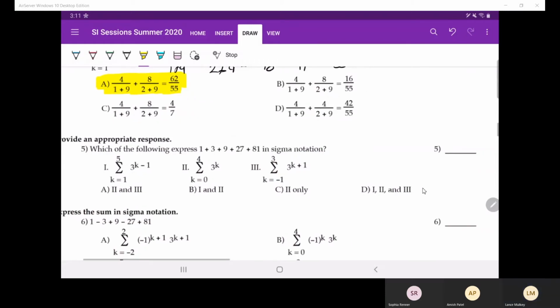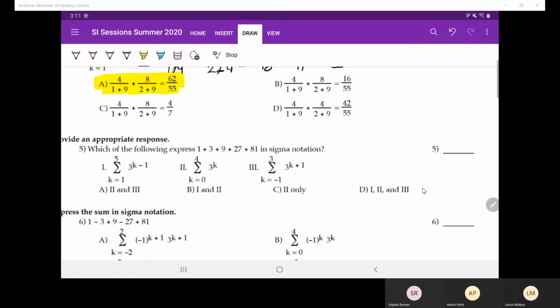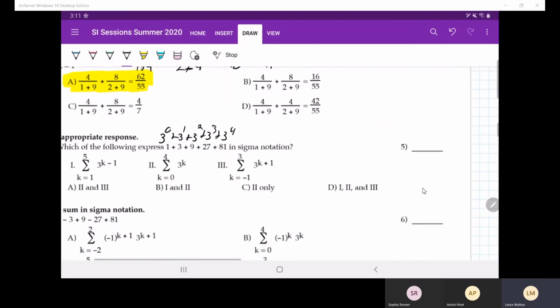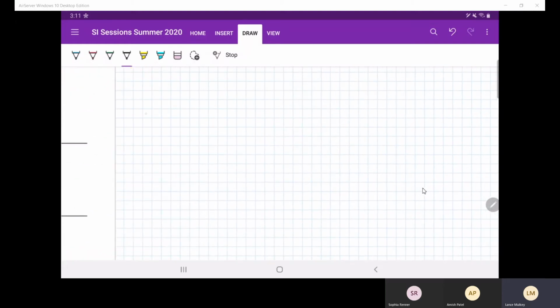Okay, so this is a cool problem. These numbers equal 3 to the 0 plus 3 first plus 3 squared plus 3 cubed plus 3 fourth. All right. So if you start out with k equals 1 to 5, I wrote that wrong.